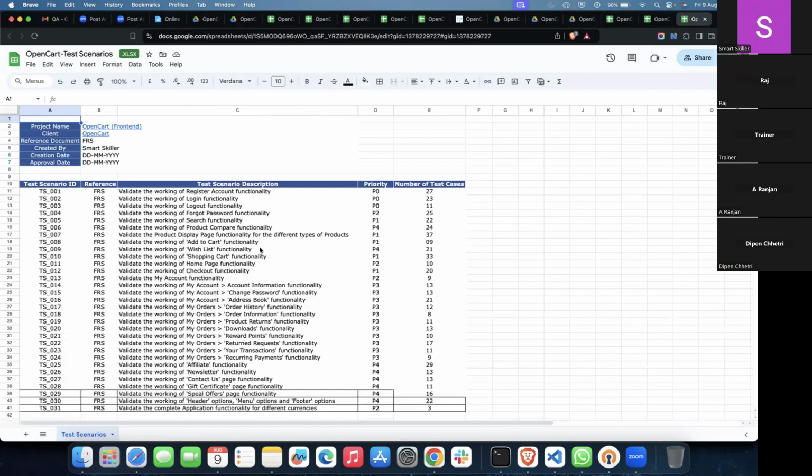Test scenario preparation. That is what we need to do, and we'll discuss it in detail. So, first, I hope you guys do remember what exactly is test scenario.